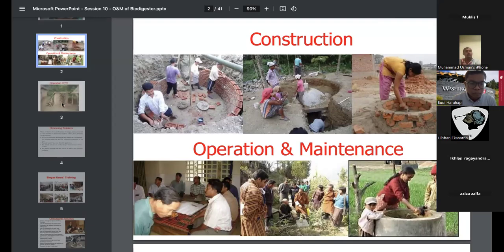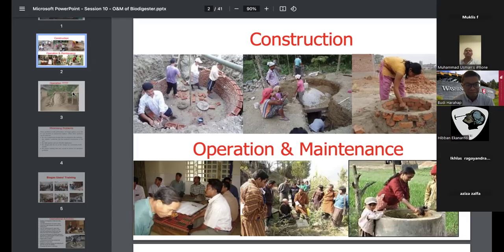Before that, the government started many projects regarding construction, but most of the programs failed. Same as in Indonesia, I have gone through many papers. The government has started many programs in Indonesia, but most of the biogas plants usually failed after 3 to 5 years.